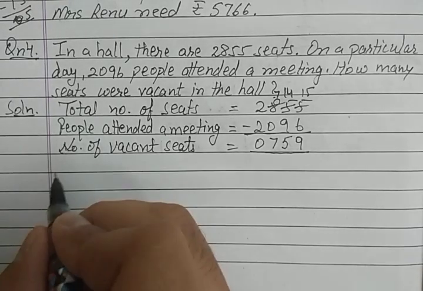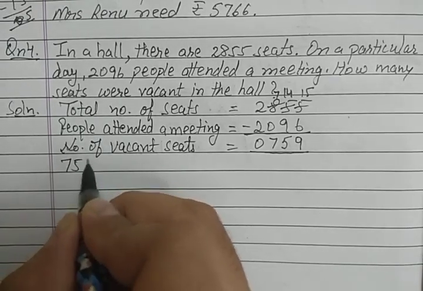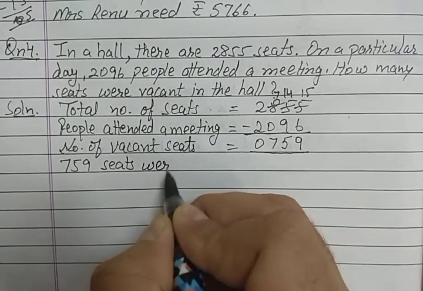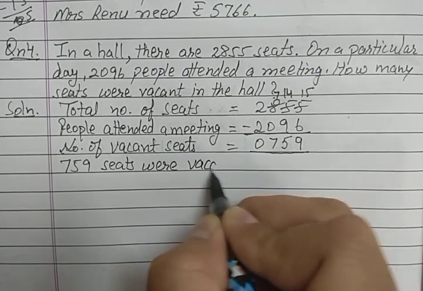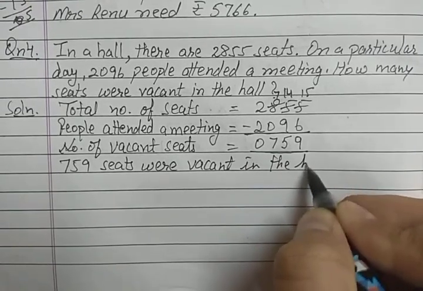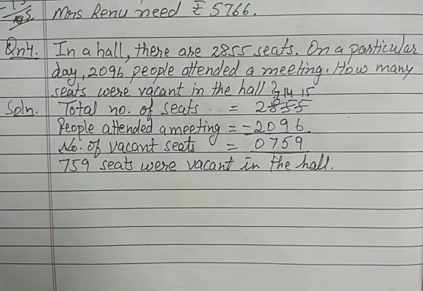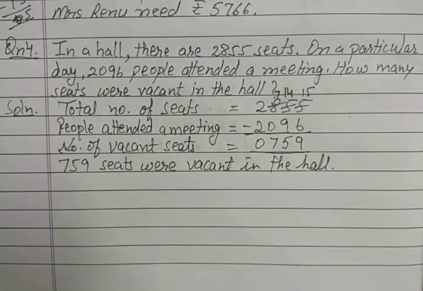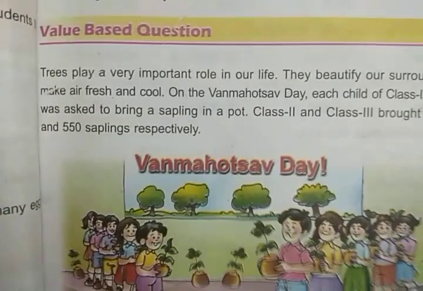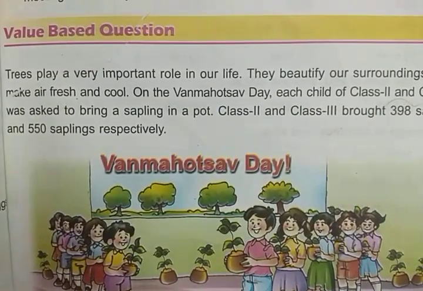So we have to write the answer. 759 seats were vacant in the hall. So our exercise is finished. Now move to the value based question.